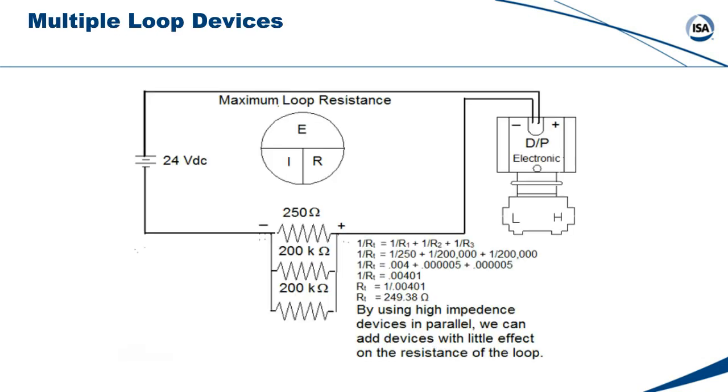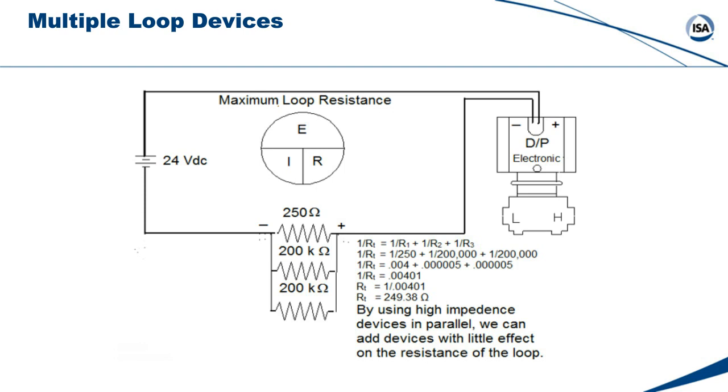Yeah, so here we have a 250 ohm resistor, which is for the pressure transmitter. These 200K ohm resistors are for additional devices such as chart recorders or remote displays. If we put a second or third device on our current loop, we need to make sure it has a very high impedance so as not to significantly alter the properties of the current loop.